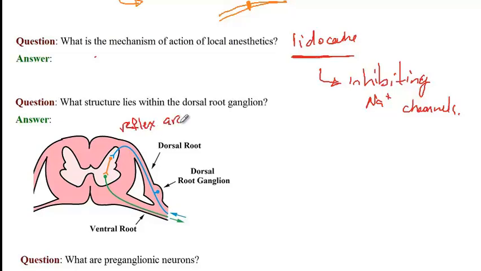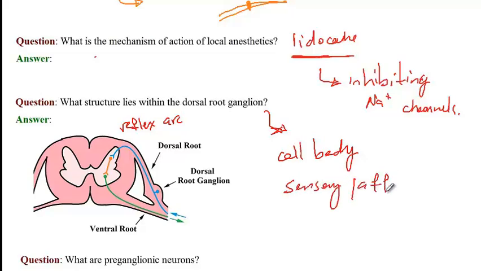And inside the dorsal root ganglions, we have the cell bodies of the sensory neurons. So here you can see we have the cell body of sensory neurons. So the answer to this question is cell body or soma of sensory or afferent neurons.